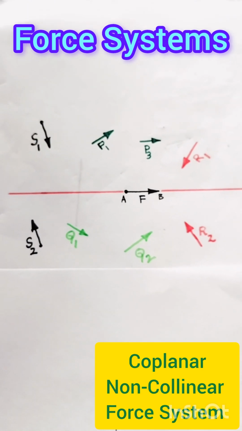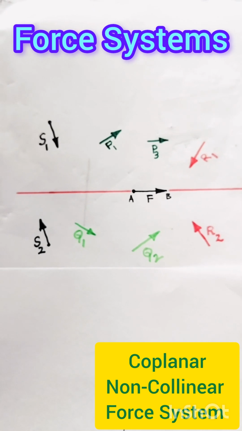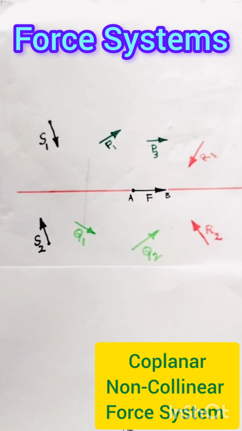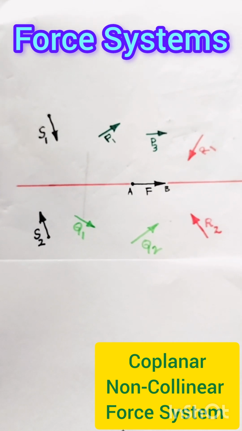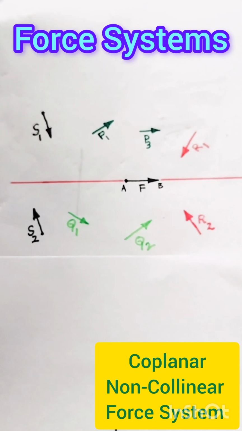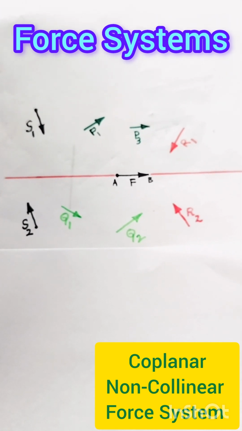On observing this diagrammatic representation, we can understand that some group of forces are acting on a single plane with different magnitudes P1, P2, P3, R1, R2, Q1, Q2, S1, S2.